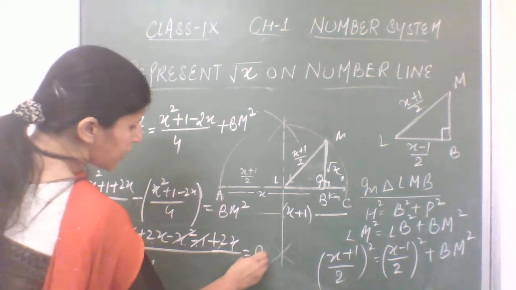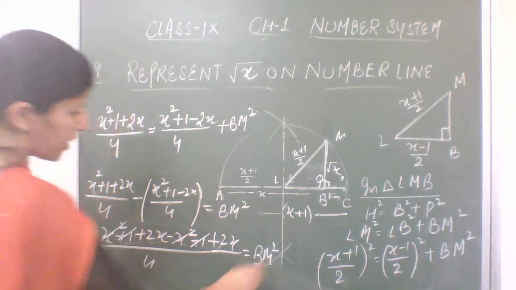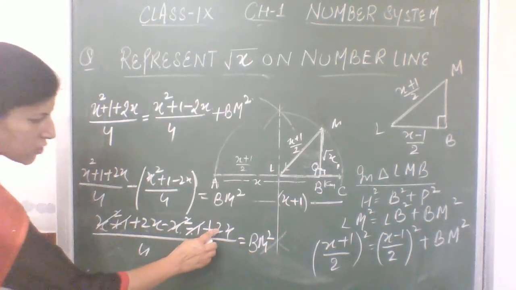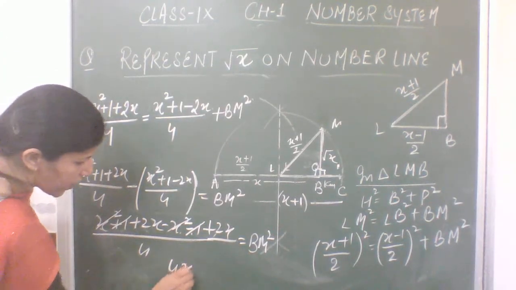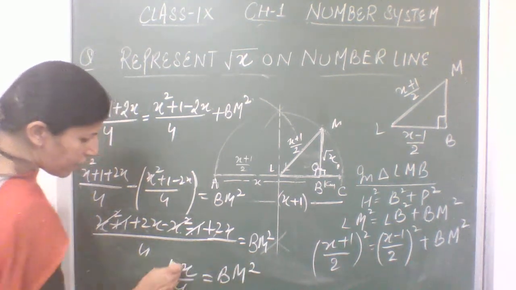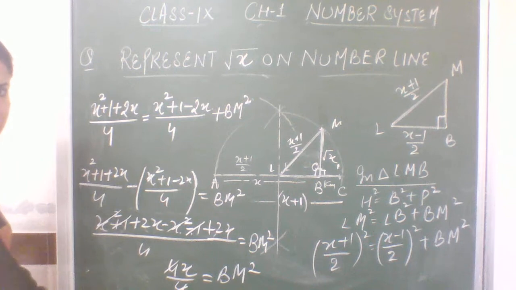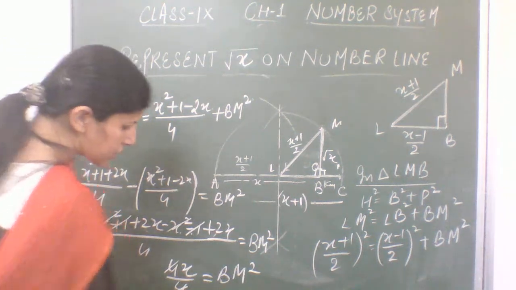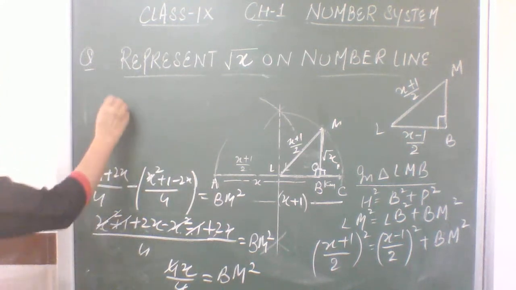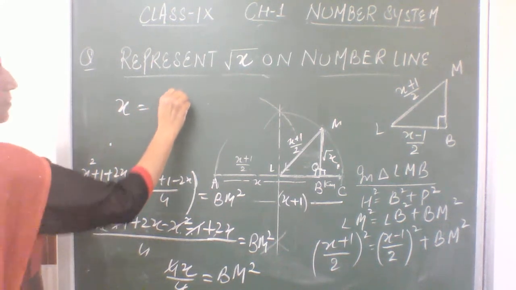On this side we are having BM square, right? अब तुम देखो इसके बाद क्या करेंगे. 2x plus 2x left. We can write it as 4x upon 4 is equal to BM square. 4 cancel with this 4. This is x is equal to BM square.